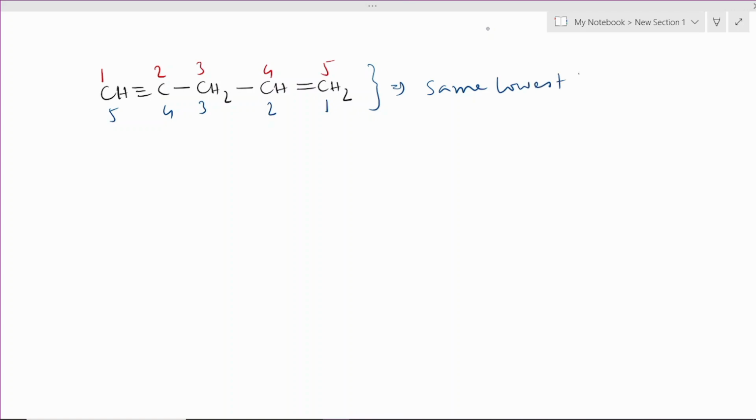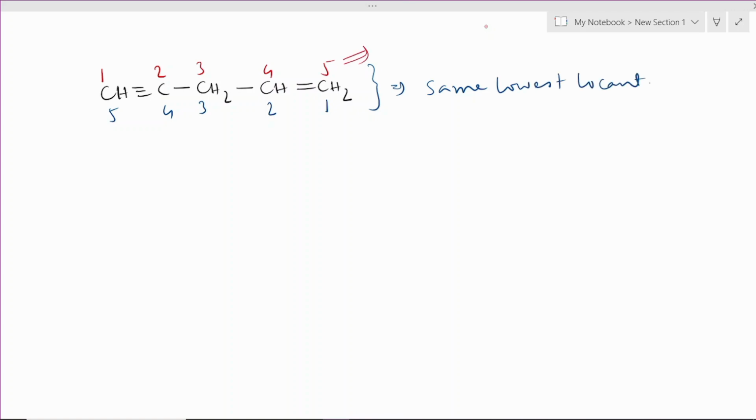Now we will discuss a special case. Suppose this compound is taken. We have mentioned earlier that numbering will be done in such a way that the multiple bonds get the lowest possible locants. If we do numbering, one way will be this is 1, 2, 3, 4, and 5, and the other way will be this is 1, 2, 3, 4, and 5. You can see that in both ways of numbering we get the same lowest locants.